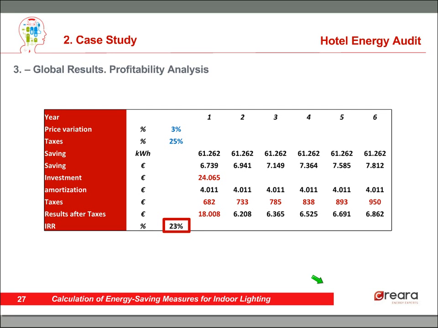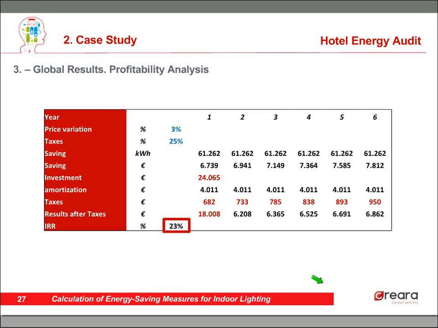Okay, to assess the profitability, we usually use the internal rate of return, the IRR, which as you know, is the rate that makes the net present value equal 0. In energy efficiency projects, we usually consider a good investment when the IRR is higher than 12%.